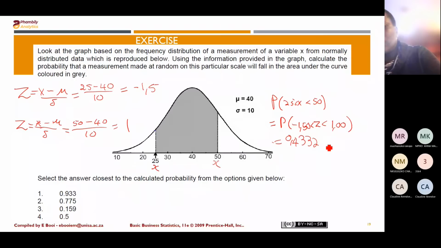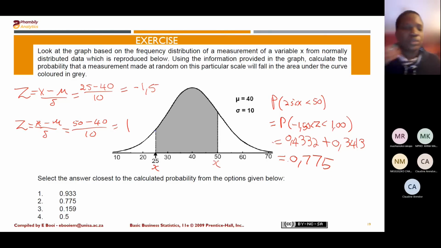So we just add them together, 0.4332 plus 0.3413 equals, and the answer is 0.775 if we round it off to 3 decimals, and the answer will be option number 2. And that's how easy it is to find the probability.